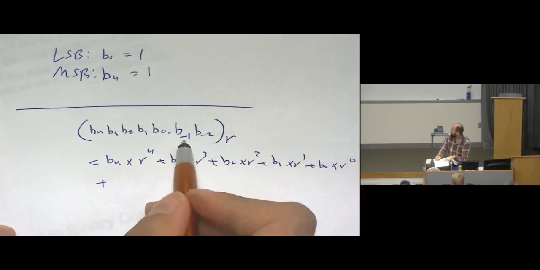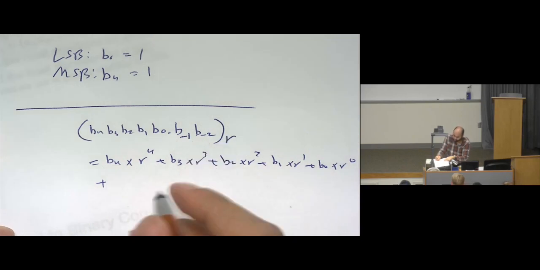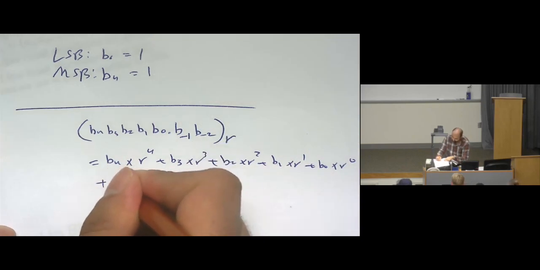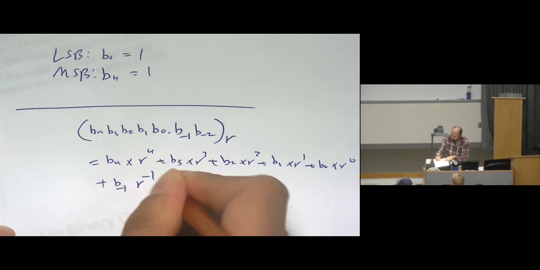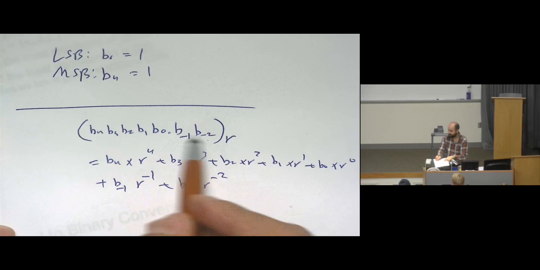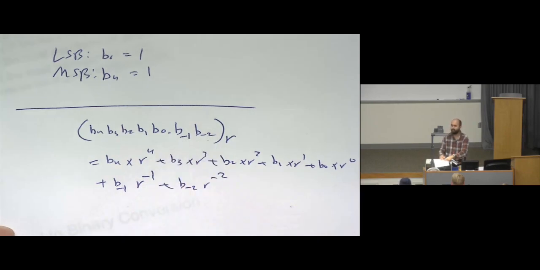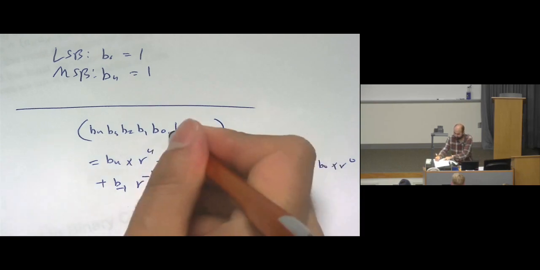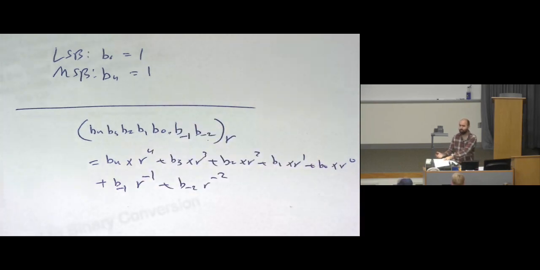Now, after the point, I start counting the powers as negative. So it's going to be B-1 times R power -1 plus B-2 times R power -2. That's when we have digits after the point. Sometimes it's not called a decimal point, because that relates to decimal numbers.